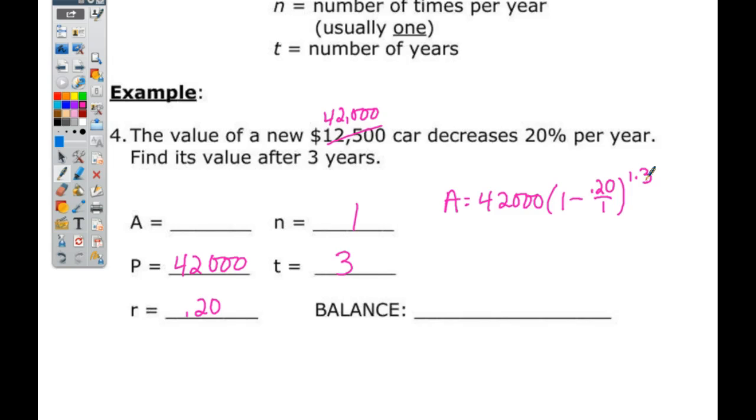So that's 0.8 raised to the third power, which is 0.512. So I'm going to take 42,000 times 0.512. So my $42,000 truck after 3 years is now worth $21,000.